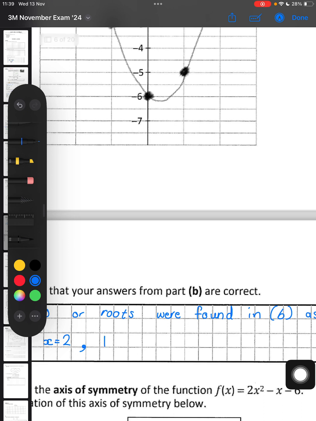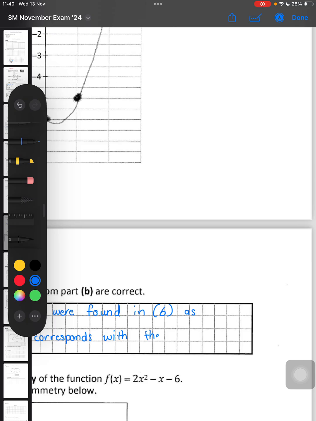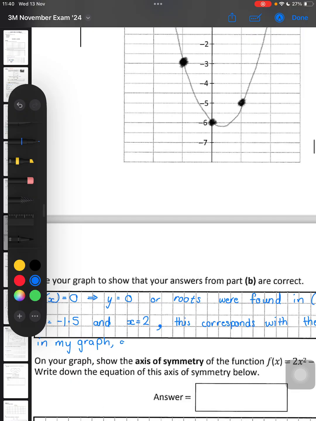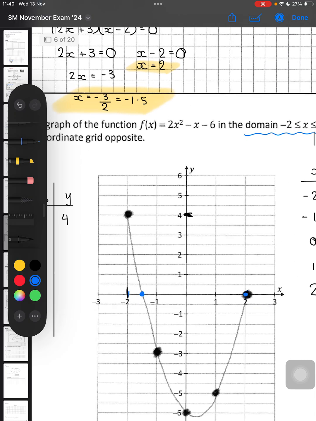So I'm going to say this corresponds with the x-intercept, so where it crosses the x-axis in my graph, as seen in C. It's very difficult here to make sure that we have covered exactly what they're looking for.